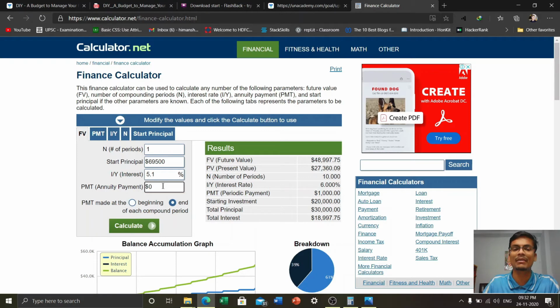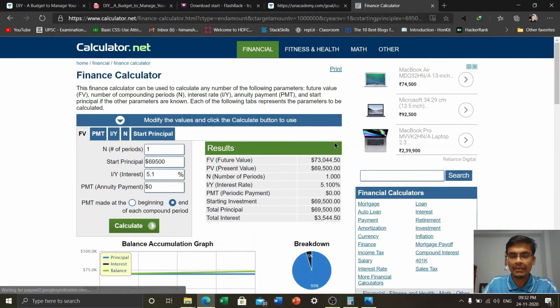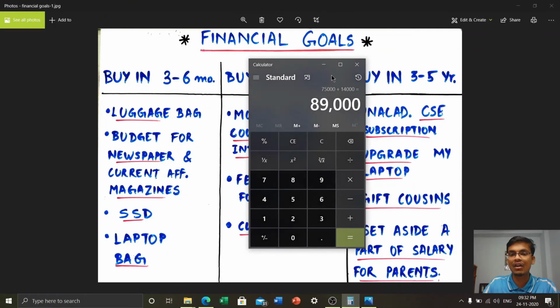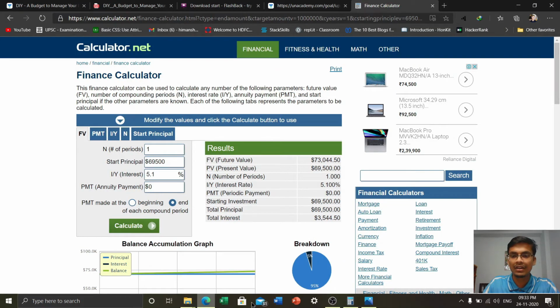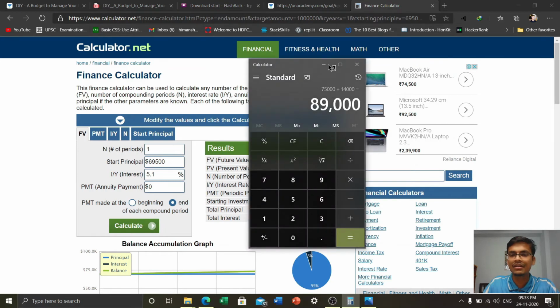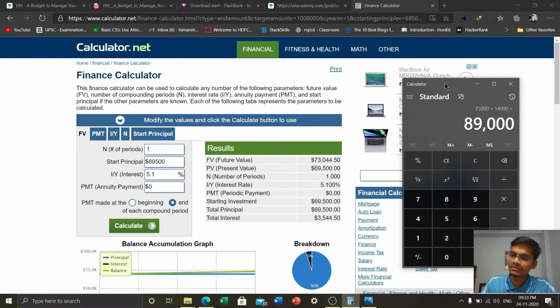We are not adding any amount monthly. So let's calculate. A year from now, this subscription would cost me nearly 73,000 rupees, which is well below my savings of 89,000 rupees. Between 73 and 89, I would easily save nearly 16,000 rupees.